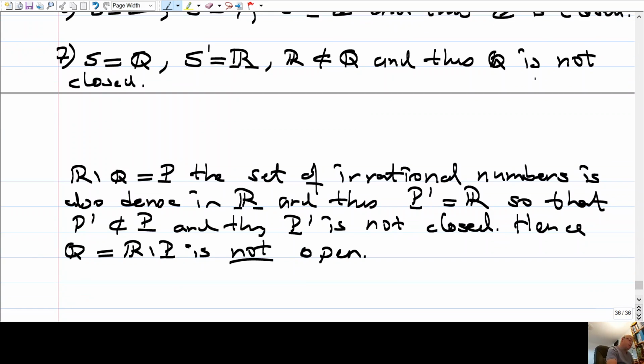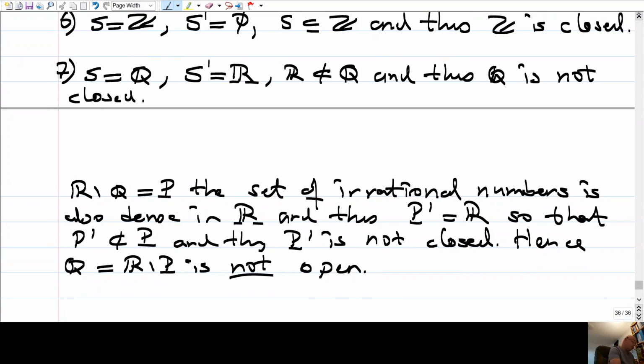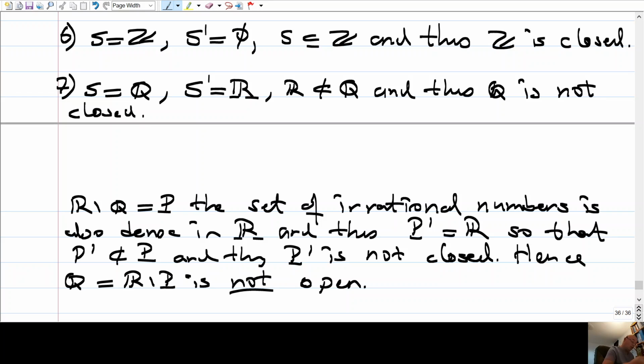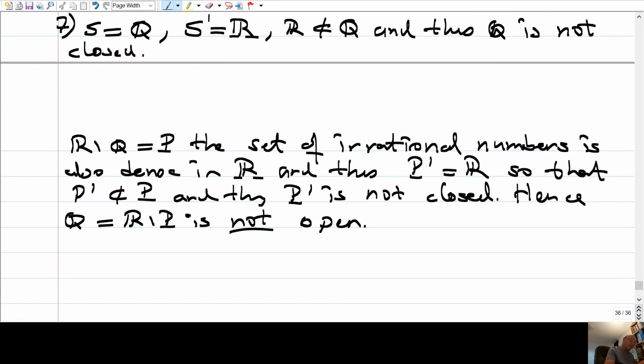So Q was not closed, right? Is not closed and it is not open. Similarly, since Q is neither closed nor open, its complement P, which is the set of irrational numbers, is neither open nor closed. Okay.